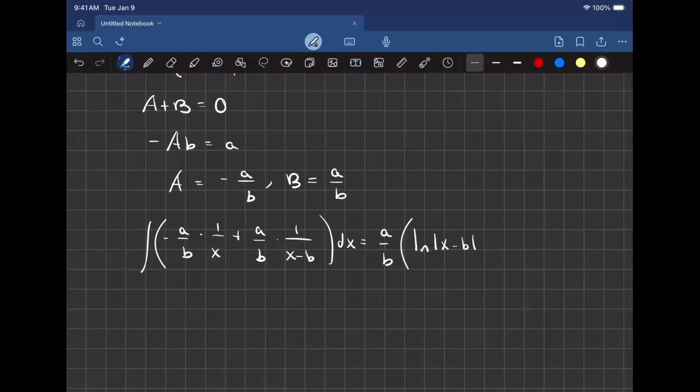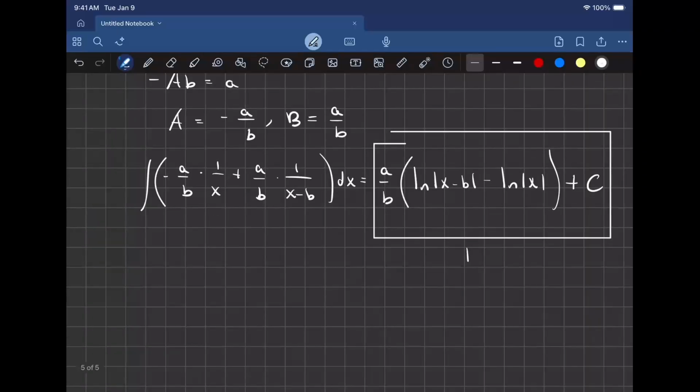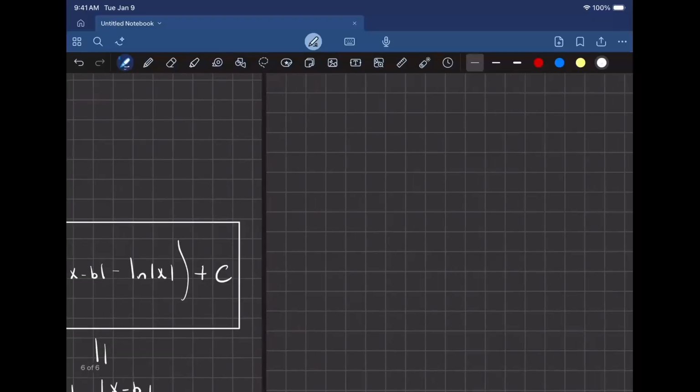And then just minus natural log of x. Right. I'm just going to reorder them. And plus c. And you could leave it like this if you want. Or you could, of course, rewrite this in quotient form and rewrite it like ln of x minus b over x, if you'd like. But either way, that's the solution to that problem.